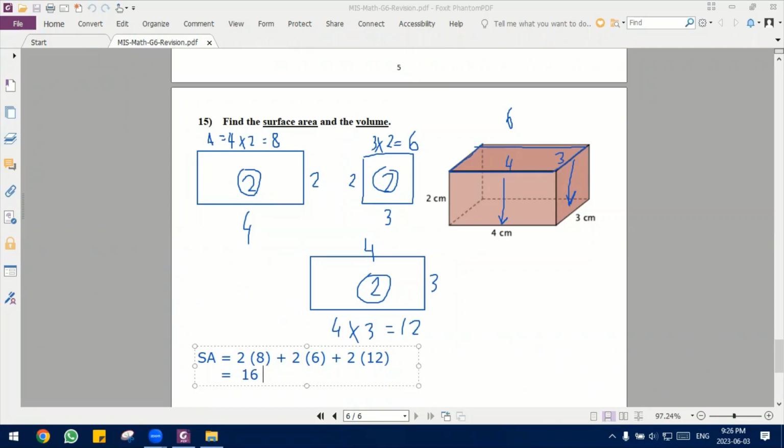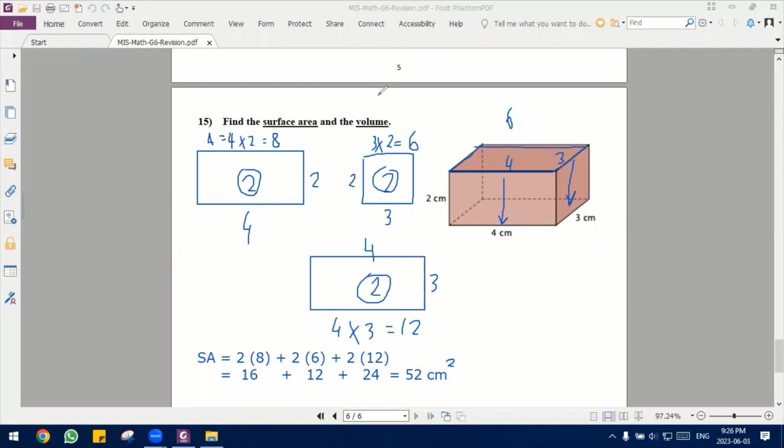Here we have 16 plus 12 plus 24, which is equal to, so 6 plus 4, 10, plus 2, 12. So 2, we carry 1, 1 and 2, 3, and 1, 4, and 1, 5. So it's 52. And then I need to add the unit. We have centimeter here. I'm finding the surface area, so it's centimeter squared.